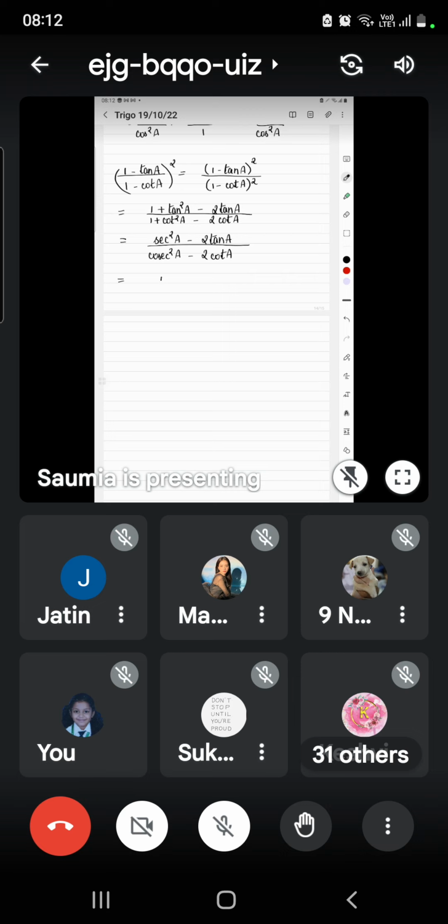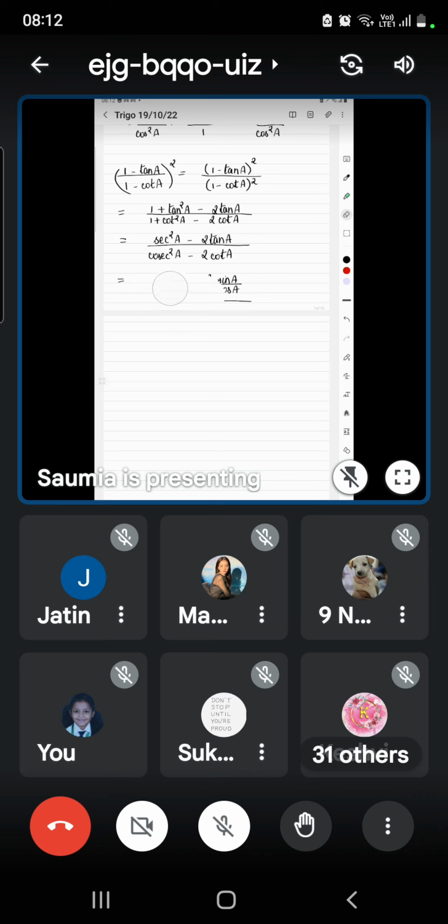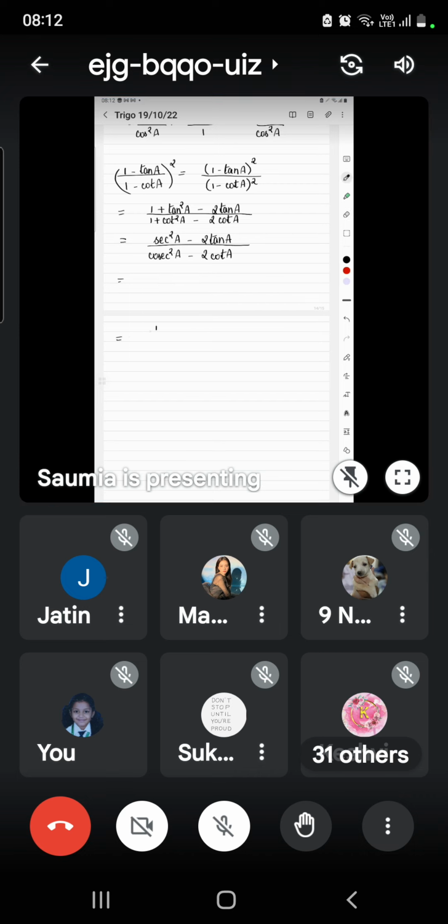Can I write my sec as 1 by cos and this as 2 sin A upon cos A? Yes, ma'am. I'll write on the next page. So I can write this as, and this as 2 sin A upon cos A.